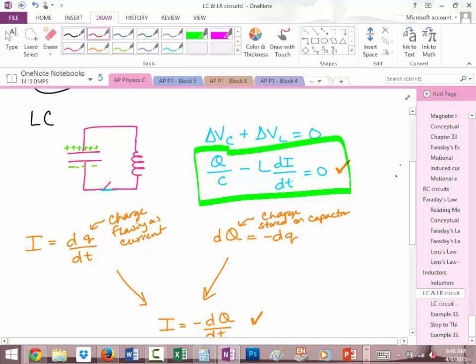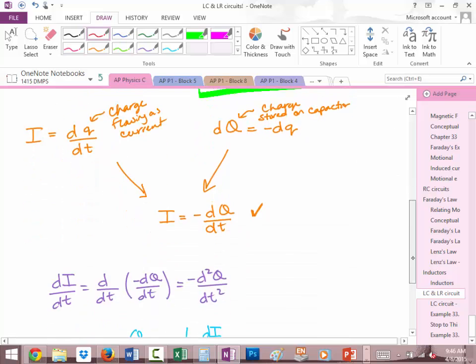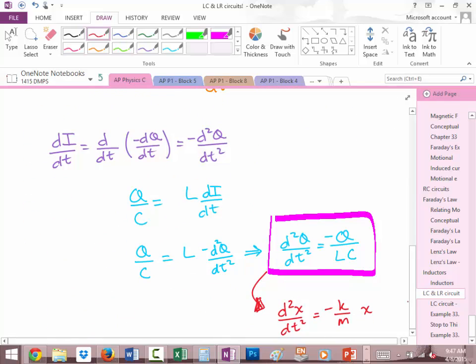This is just Kirchhoff's rule, and then we're applying things that we know about inductors and capacitors, and we're solving because we want to have one expression, and we find out that we've got a second derivative, and the second derivative of charge happens to be equal to this. If you look at this, my guess is that they were like, whoa, look, we've seen this before. This has been well studied. We've been looking at masses on springs a lot, right? We get this.